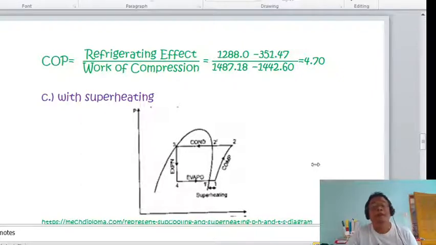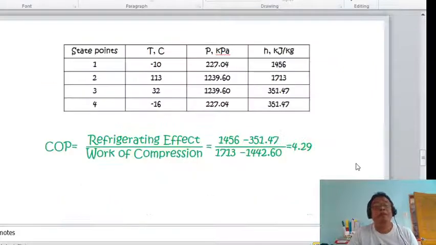Okay? So getting now, class, the enthalpies. So at state points 1, 2, 3, 4. Again, instead of negative 16, we deduct 6 degrees. So that is negative 10. So the pressure is 227.04, and the enthalpy is 1456.